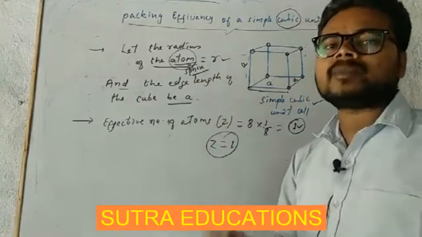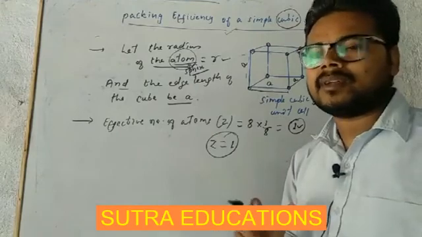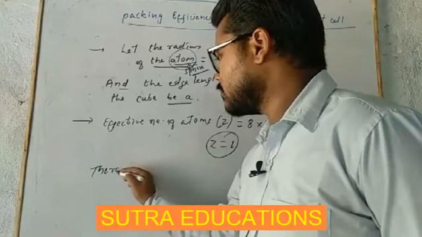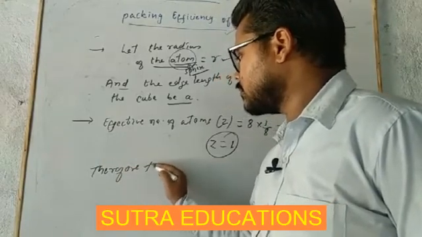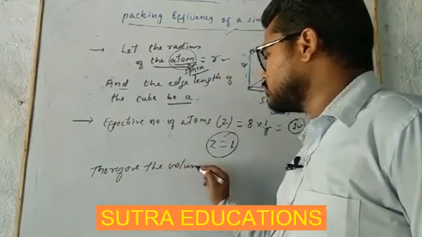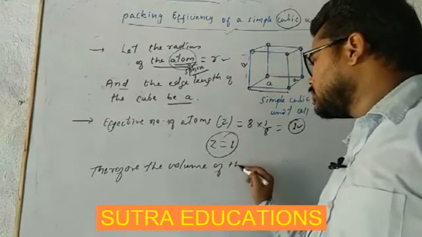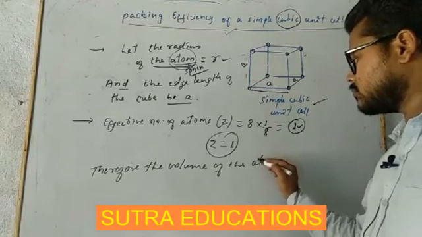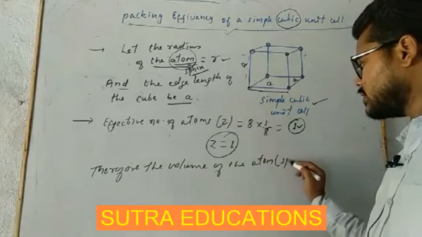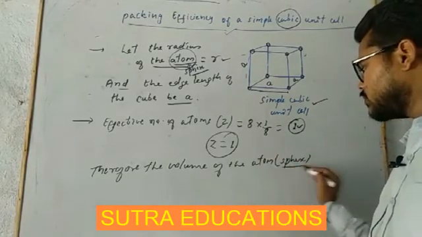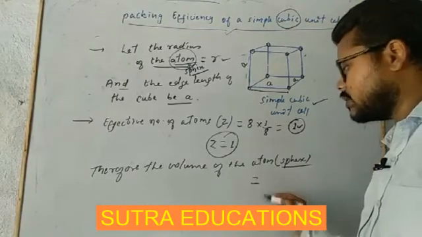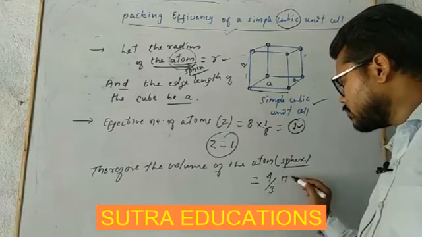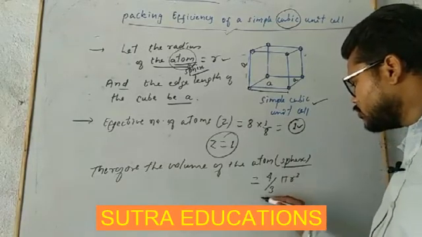Now I have told you earlier, we have to suppose atoms to be spherical, and we know volume of sphere is 4 by 3 pi r cube. So therefore the volume of the atom, or you can say sphere, will be equal to 4 by 3 pi r cube.